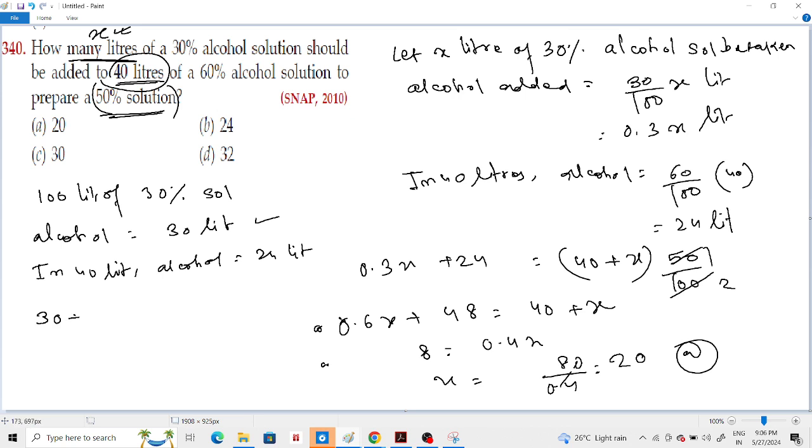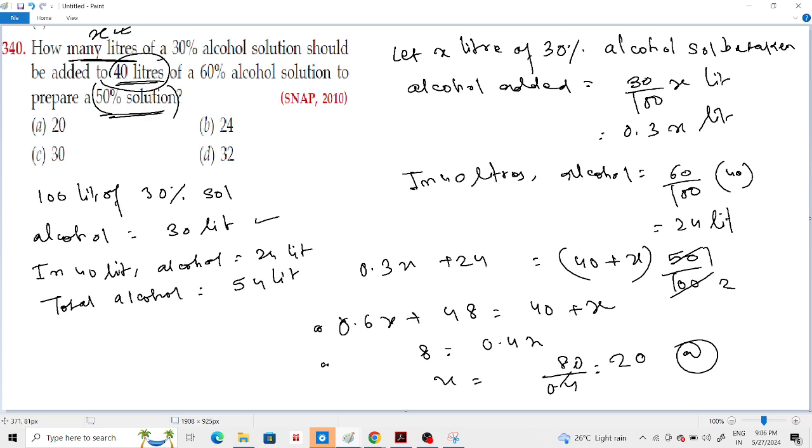So 30 plus 24, what is the total alcohol? 54 liters, right?